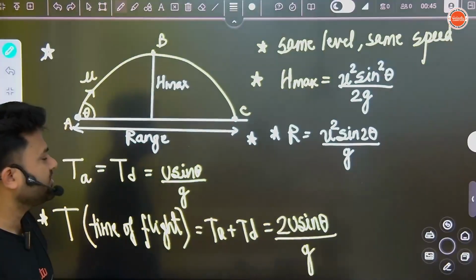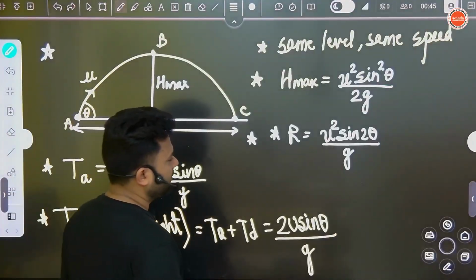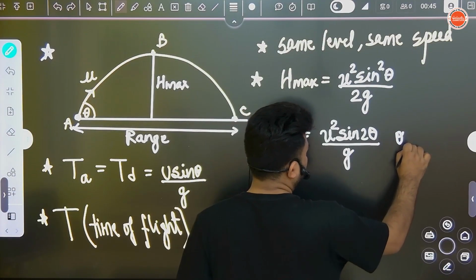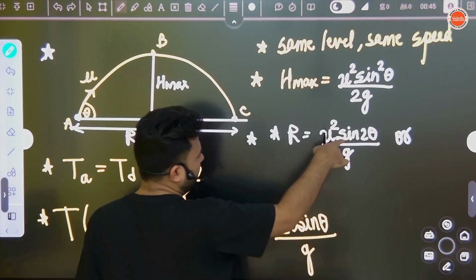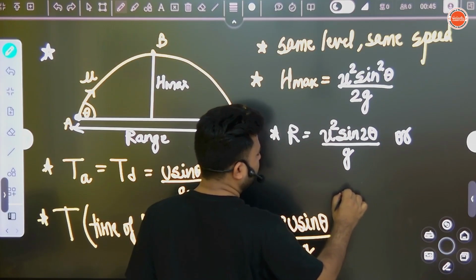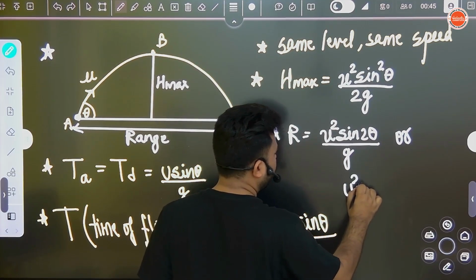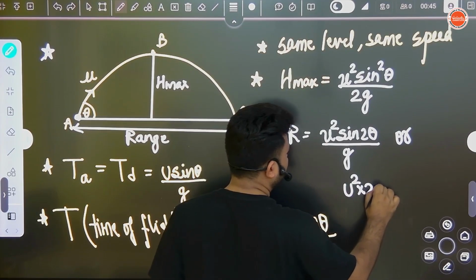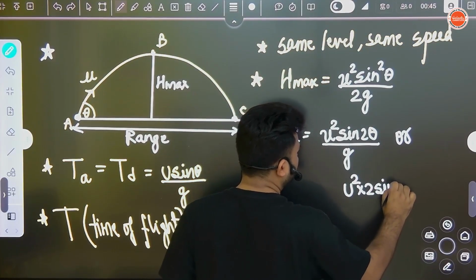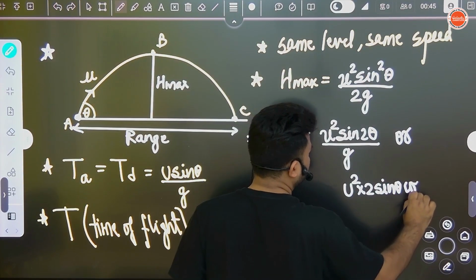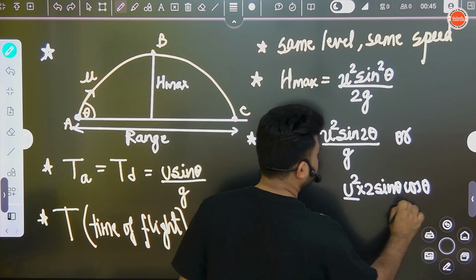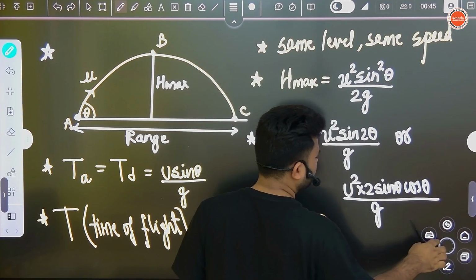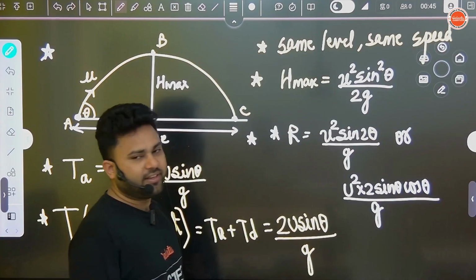Sin 2 theta you can write as 2 sin theta cos theta. So U square sin 2 theta, you can write 2 sin theta cos theta, by g. This is the range they ask.